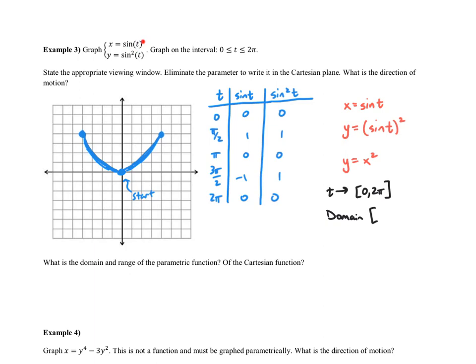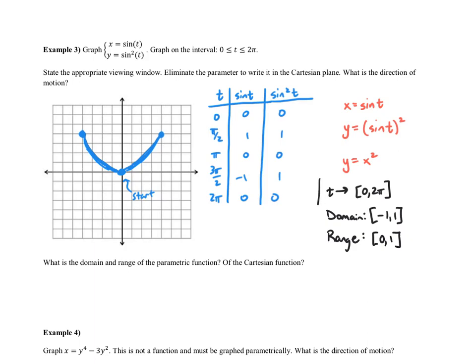So with sine of t, what is the minimum and maximum on the interval from 0 to 2 pi? And hopefully you're thinking negative 1 to 1. With the range, the range is my y values. So if I'm looking at sine squared t on the interval 0 to 2 pi, my minimum is 0 and my maximum is 1.